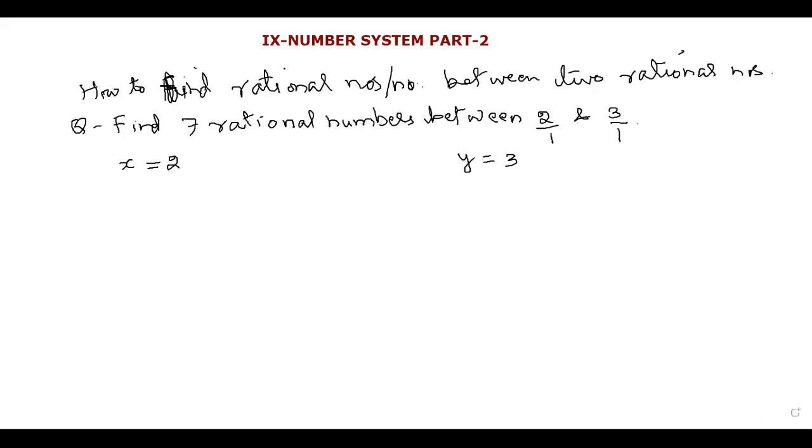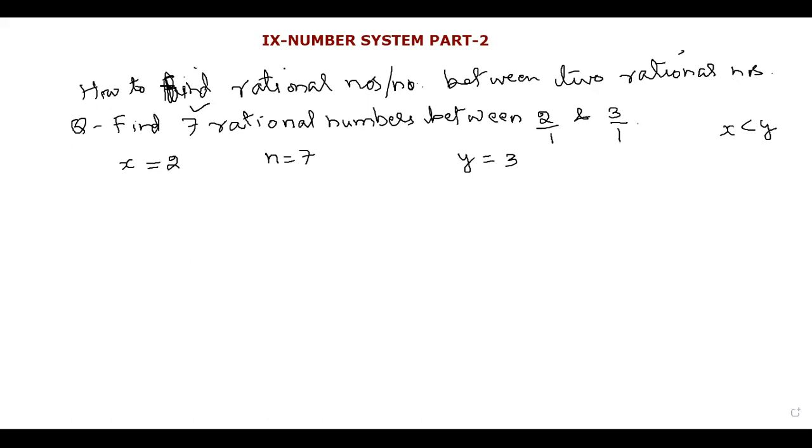If it is opposite, then you can exchange, but always x should be smaller than y. And how many numbers do you have to find? 7 rational numbers, so n you will take 7. If you have to find 6, n you will take 6. If you have to find 7 rational numbers, you take n as 7.